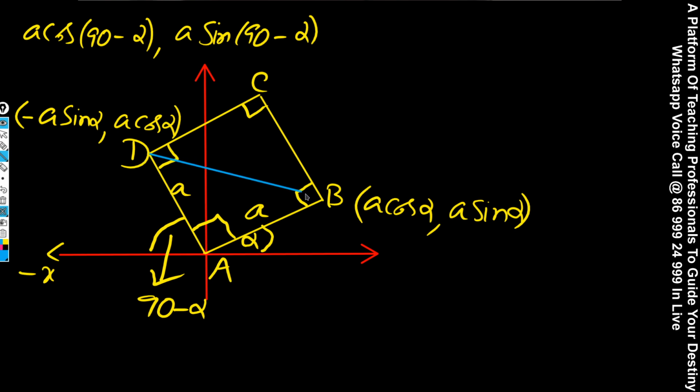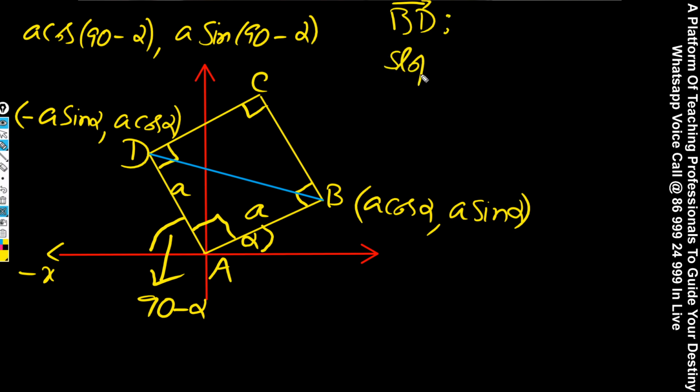You know 2 points, B and D. You can straight away apply the two-point form and write the equation of the line. The short form I taught you, writing it through the slope, will be useful here. So, BD line equation.